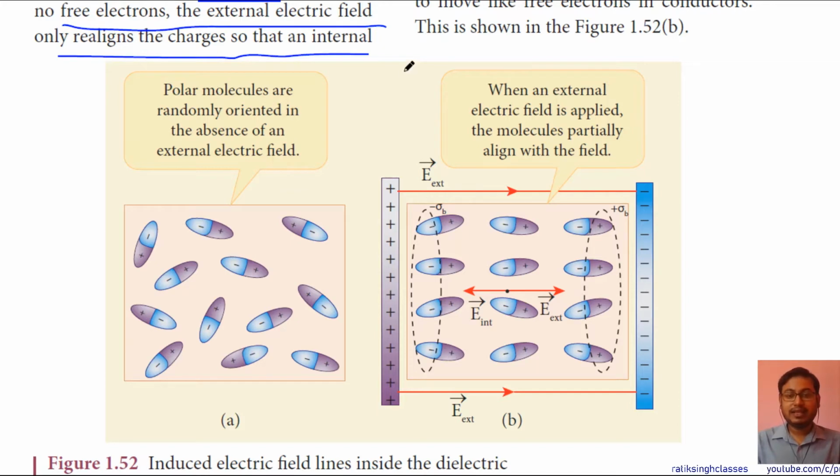You can see here we have a capacitor. This plate is positively charged and this plate is negatively charged. Because of that, the electric field is from the positive plate to the negative plate, that means from left to right. Because of this external electric field, the charges inside the dielectric slab realign in a particular direction.